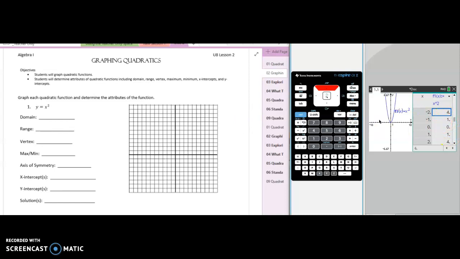So I'm going to plot some points here. At 1, I have 1, at -1, I have a point at 1, and then I have 2, 4. And at -2, I have a point at 4.